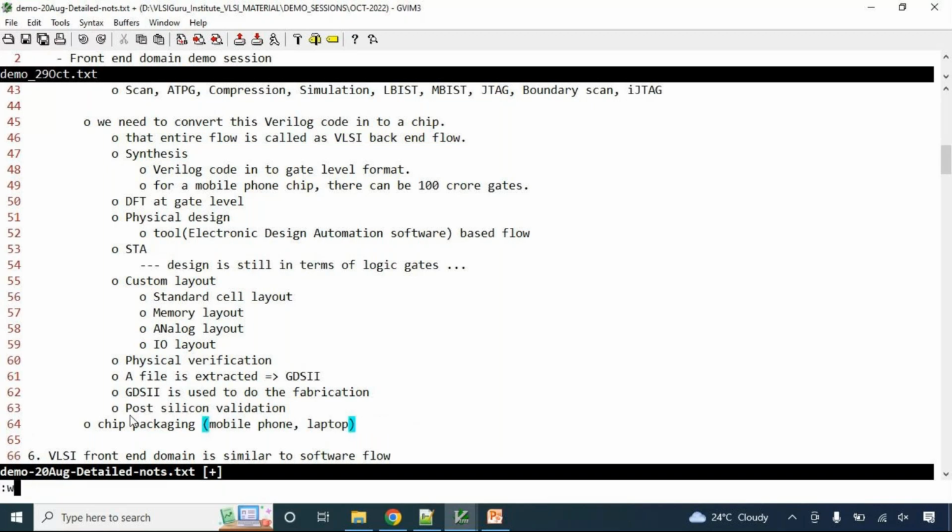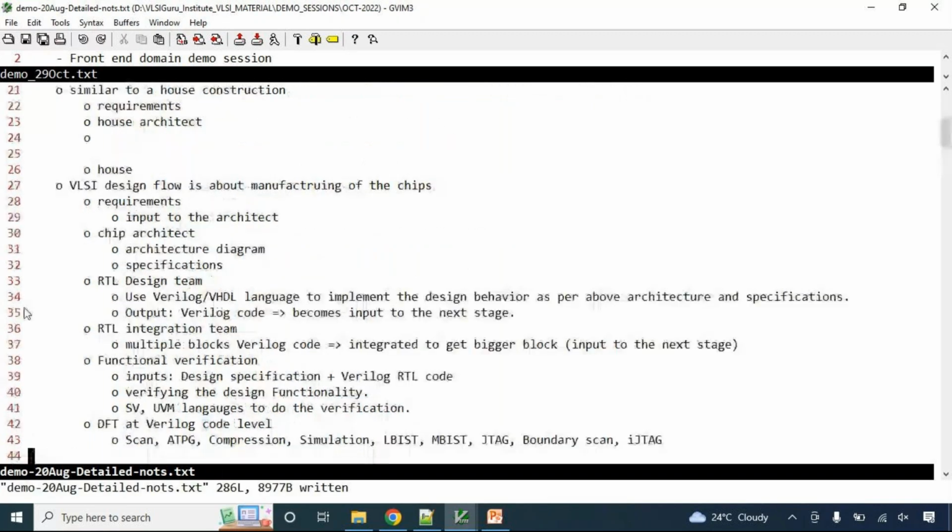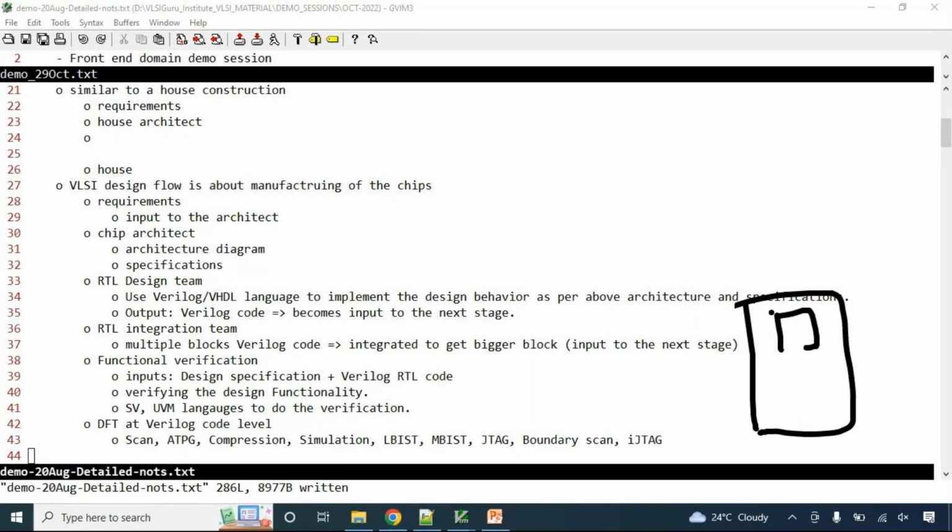If you are talking about a mobile phone, inside the mobile phone, if you open it, there will be a board on which a chip will be present. We are now talking about what is involved in this entire process where the chip gets manufactured.